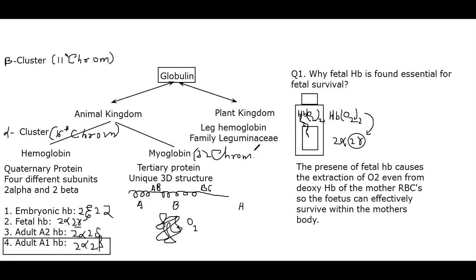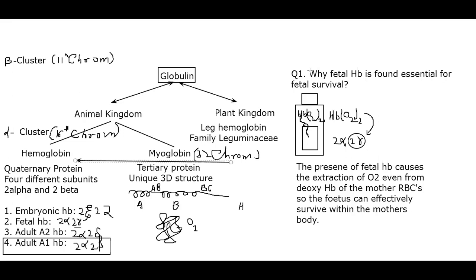But my dear friends, this gene would have undergone duplication. This gene underwent duplication and led to the formation of 4 different genes, and those 4 different genes led to the formation of hemoglobin.